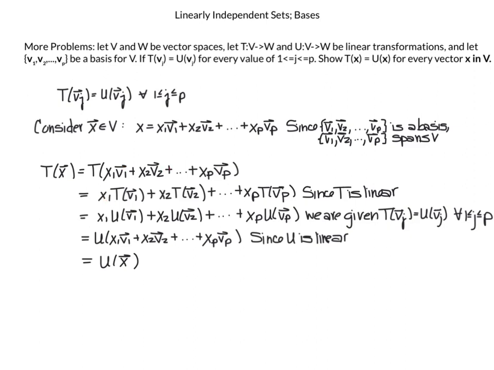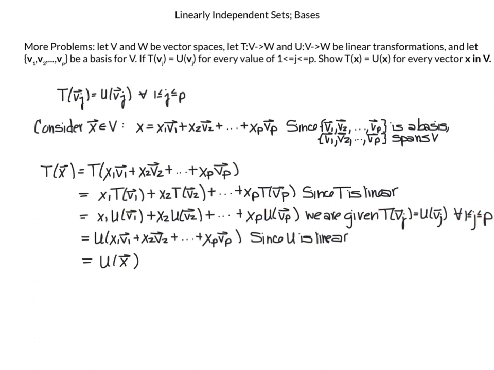So we have x1 T of v1 plus x2 T of v2 plus up to xp T of vp, again because T is linear. But now we're given that T of v1 is equal to U of v1 and T of v2 is equal to U of v2, again because this is what we were given, T of vj is equal to U of vj for all j between 1 and p. And so finally we have T of vp is equal to U of vp. And again, that's from our given.